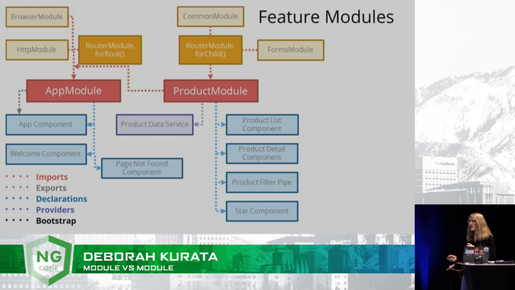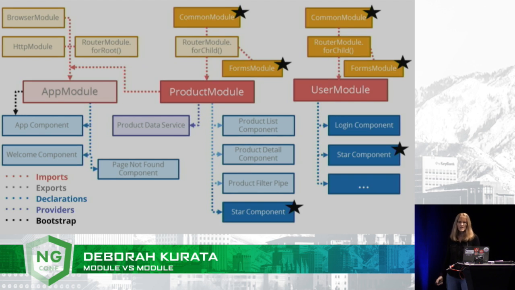Okay, so we're working along, we're adding our user features, and we add maybe a customer module, and we add an invoicing module, so we keep adding these modules. So here is our user module, for example. We're going to have a login component, and we're going to find as we add more and more modules that there are similar things that we're importing into each one of them.